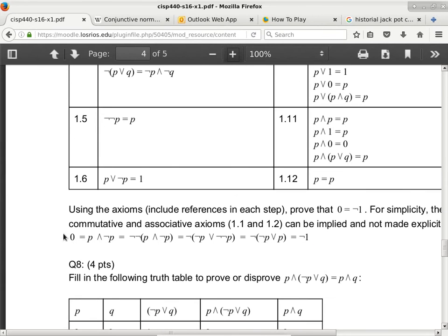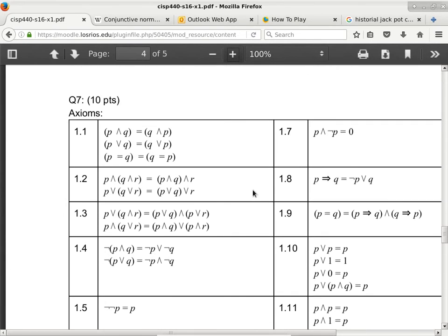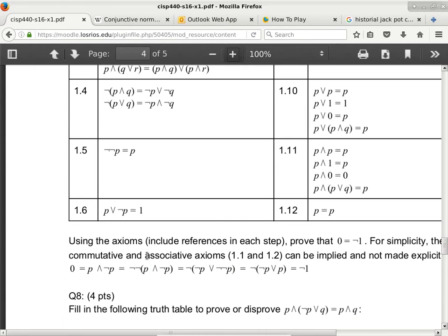There. So the first step is to show that false is P and not P. Now how do we know that? There's one thing that says right here. Okay, so 1.7 says anything and the negation of that anything is false. Seems pretty easy to do. And then we can say double negation of that.